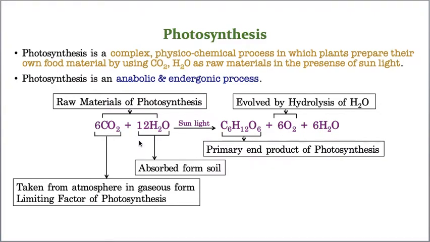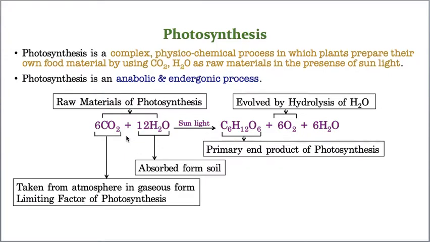Those chemical reactions, that means metabolism, are broadly categorized into two types. The first one is anabolism, the next one is catabolism. What is the meaning of anabolism? Let us take one reaction. In that reaction one major molecule is produced by the reaction between small molecules, then that is called anabolism. Now let us take photosynthesis.